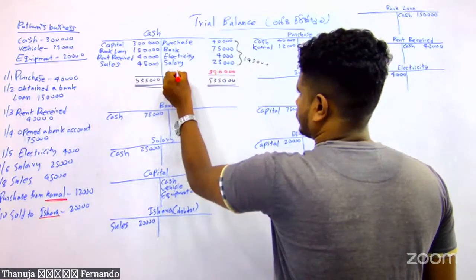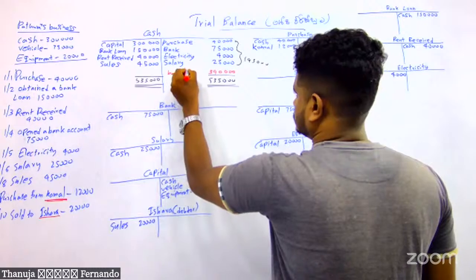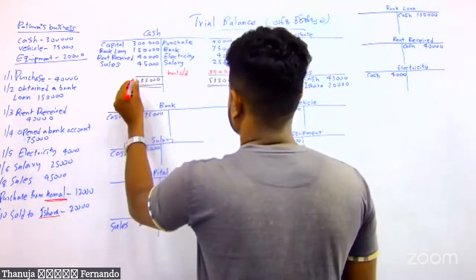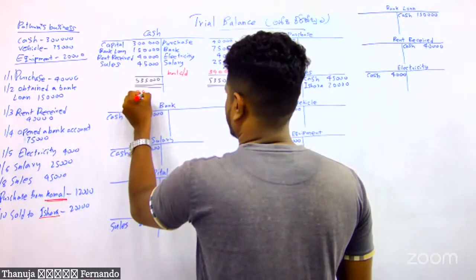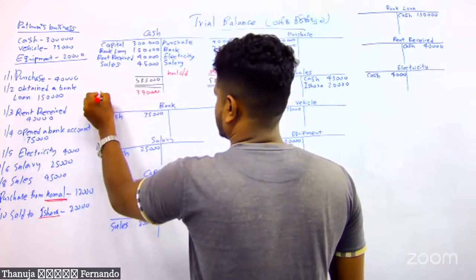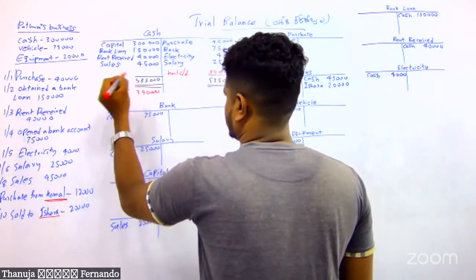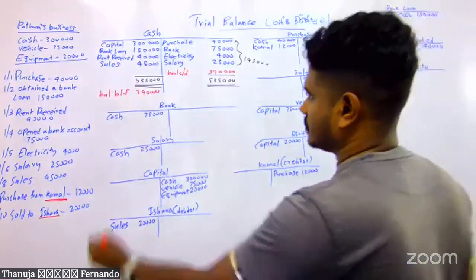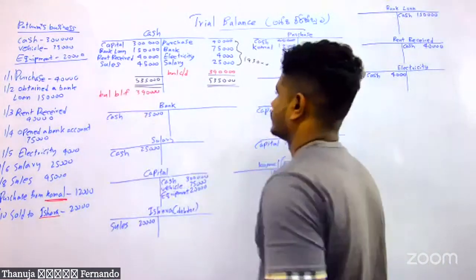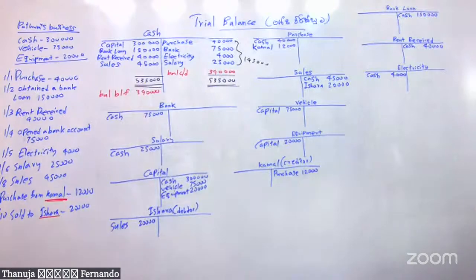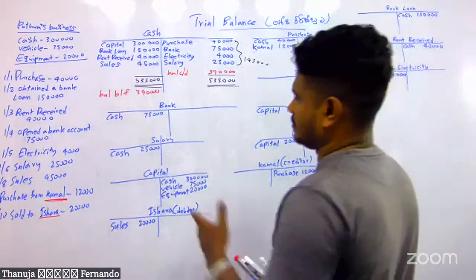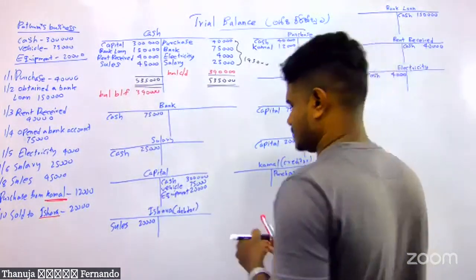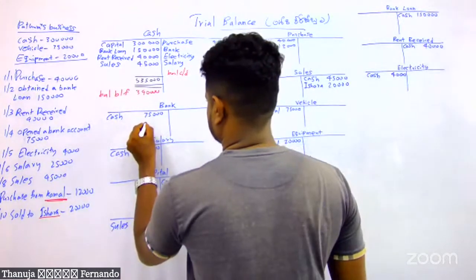Balance CD, balance carried down. Then we take it to the next month as the opening balance, so we call it balance brought forward, BF, right? Next one. These accounts are very easy to balance, no?